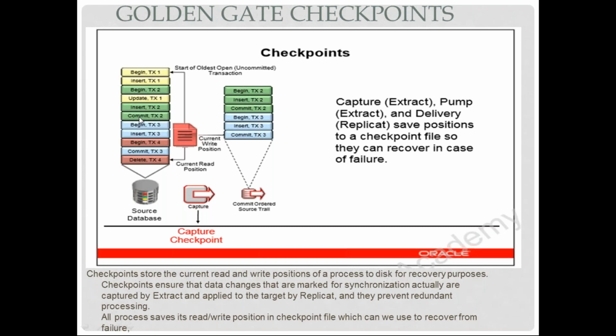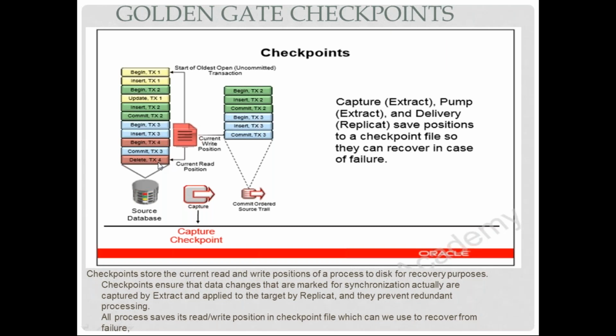Since it is committed here, this will go to the trail file. This is the trail file. And then after 2, we can see transaction 3 has started now. It is doing some insert. Then a new transaction, transaction 4. Then 3 is committed here. Now since it is again committed, it will be stored in the local trails.